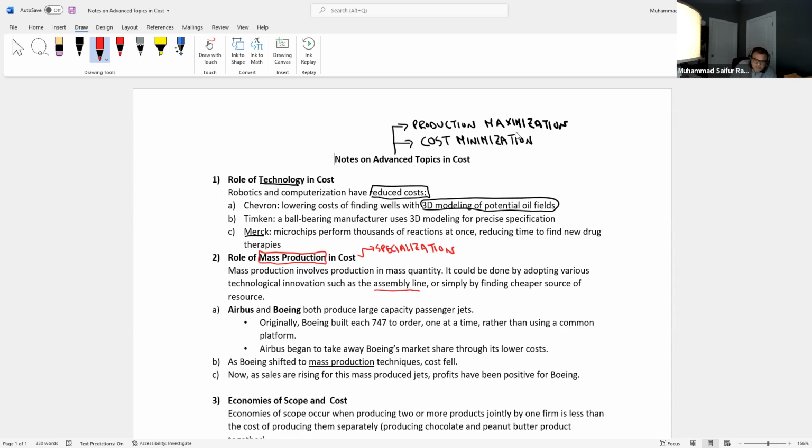My favorite example is a comparison between Airbus and Boeing. We all know what Boeing is. Airbus is a European company that is very similar to Boeing in terms of their specialization, in terms of their production. They both make planes. Even 20 years ago, Boeing used to build their flagship plane, the 747, to order, one at a time, and it used to be very time consuming.